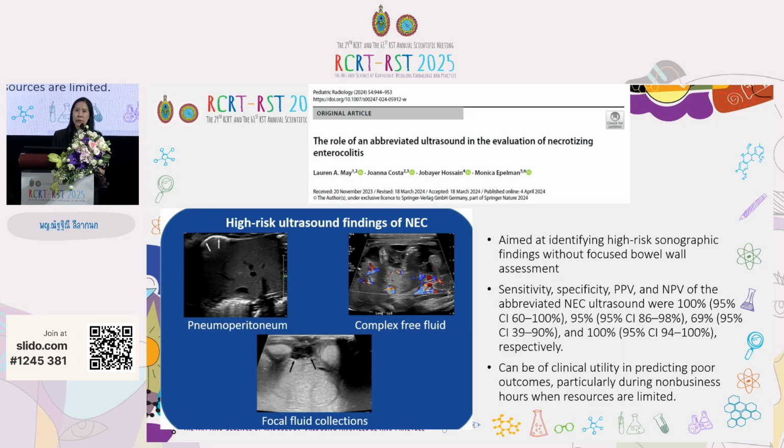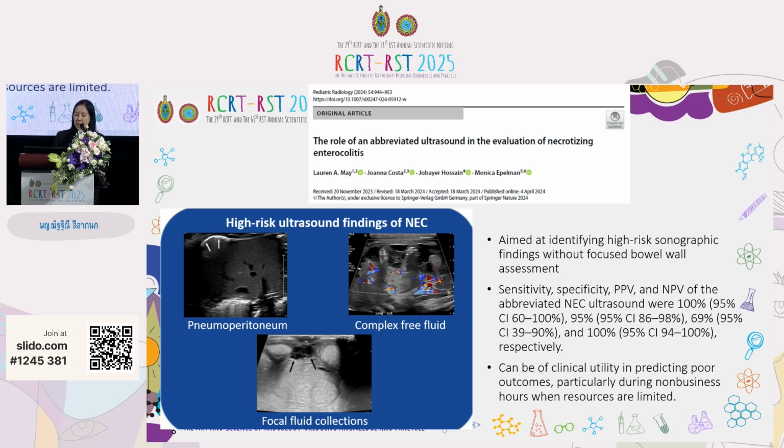Lately, I have read an interesting article from Pediatric Radiology, so I want to share it with all of you. It suggests the role of abbreviated ultrasound in the evaluation of necrotizing enterocolitis. This paper aims to identify high-risk sonographic findings without requiring a focus on bowel assessment, so it will be useful in out-of-service hours, like when we are on the night shift.